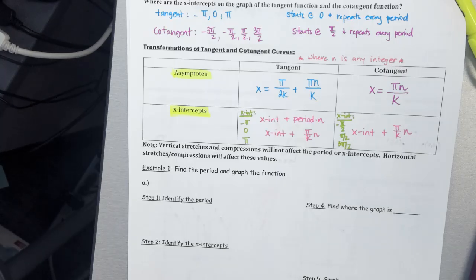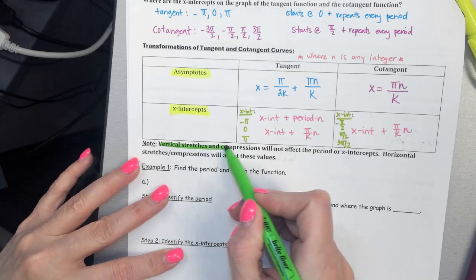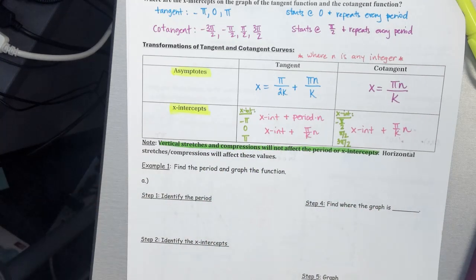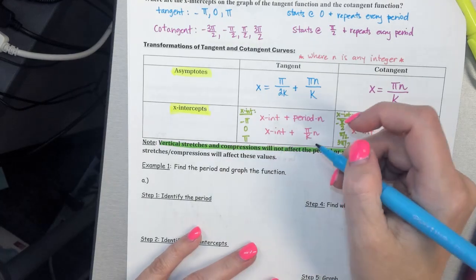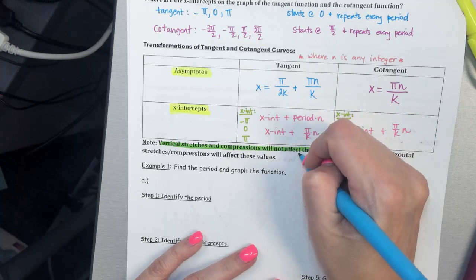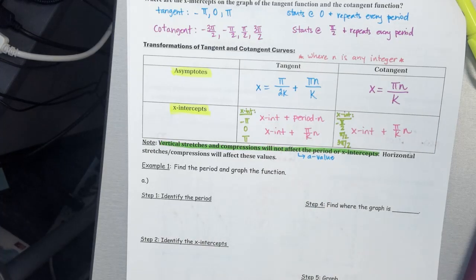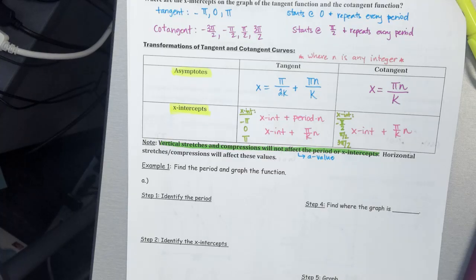So one thing we have to know is that vertical stretches and compressions do not affect the period or the x-intercept. When you're looking at the equation, that is going to be the A value. So a vertical stretch or compression is the value of A, which for sine and cosine was always the amplitude. But remember, the amplitude is half of the distance between the max and the min.